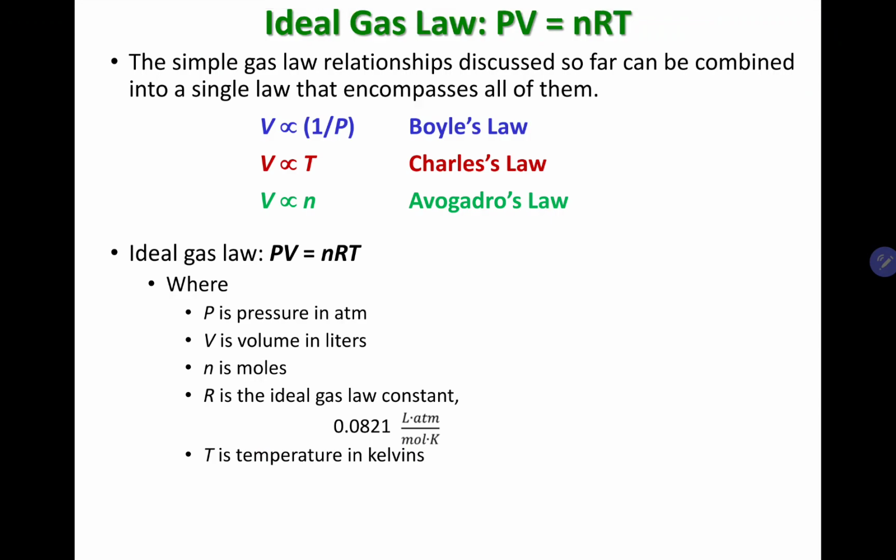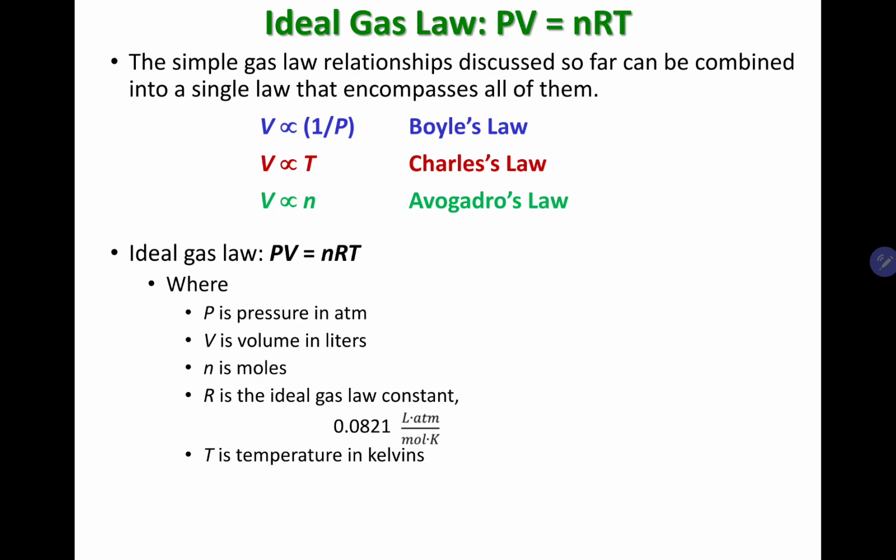This is basically the mother of all gas laws, so you can say this is the most complicated gas law of all. Why? Because the four gas laws that we discussed before, Boyle's law, Charles' law, Avogadro's law and Gay-Lussac's law, always kept two of the four gas factors constant.